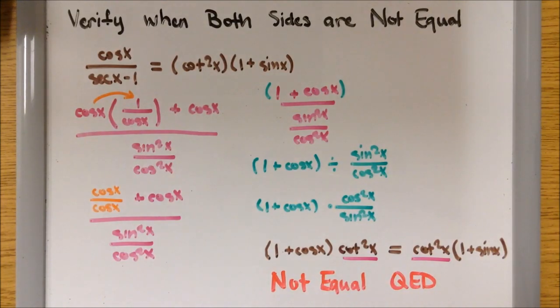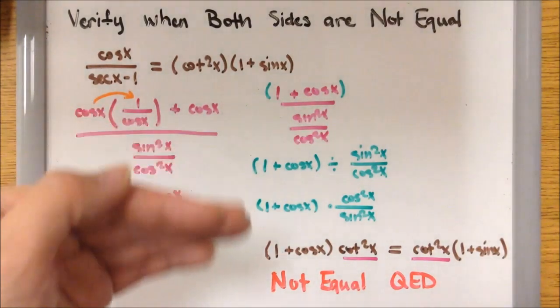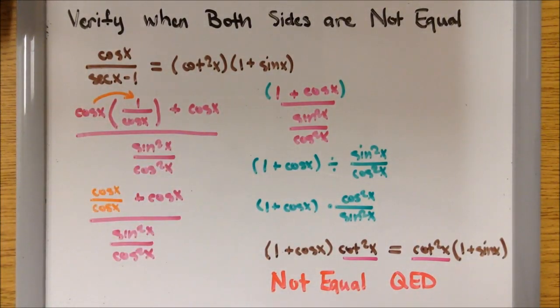So again, if you want to double check your work, make sure that when you verify you did everything correctly, carefully. And if you want to see if maybe you should do something to the other side, go ahead, distribute, add, subtract, divide. Just make sure you do it carefully, and it's always easier to convert it into sine and cosine to see if both sides are equal. After you try your best and it doesn't, then you just write not equal QED.